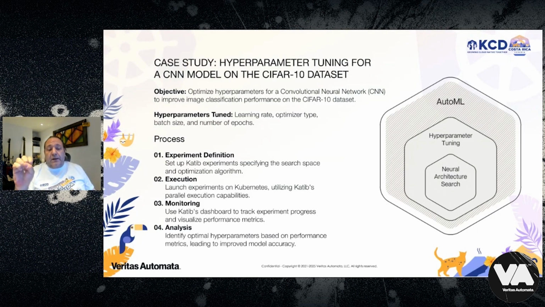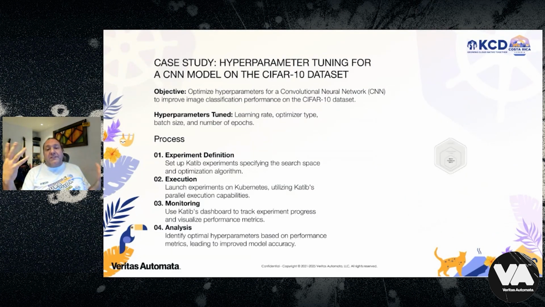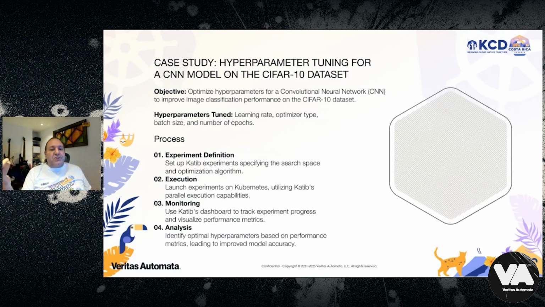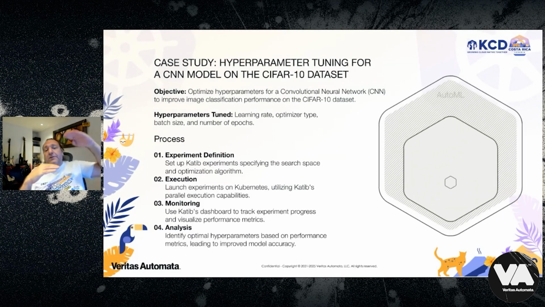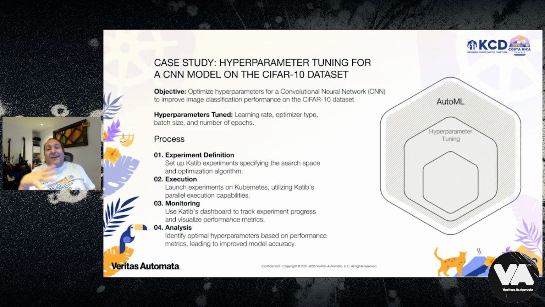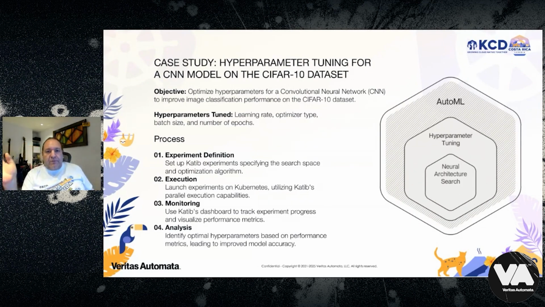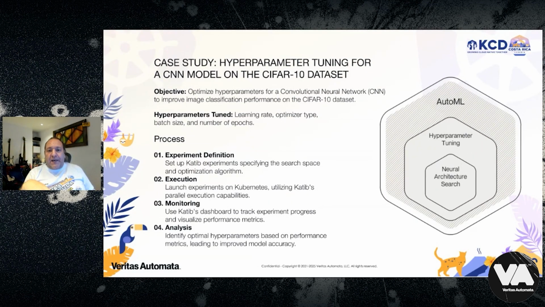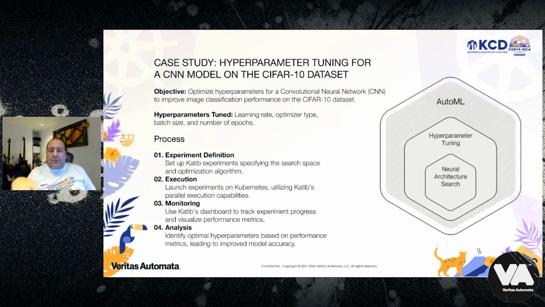So at the beginning, as the experiment definition will be a YAML file, you will set up the Katib experiment specifying the search space and optimization algorithm. And this will be the first thing that you will declare in the structure of the YAML manifest. Then you will have the execution, kubectl apply, basically. Nothing difficult to understand. You have to previously have installed the Kubeflow Katib manifest, but that is how it works.